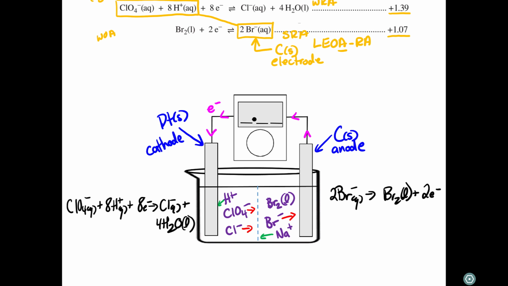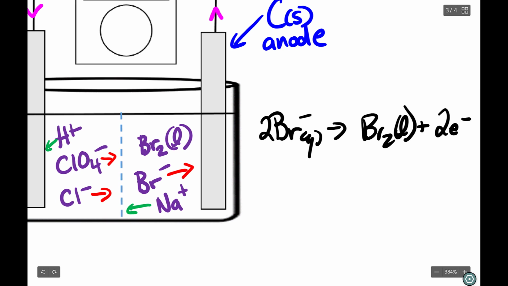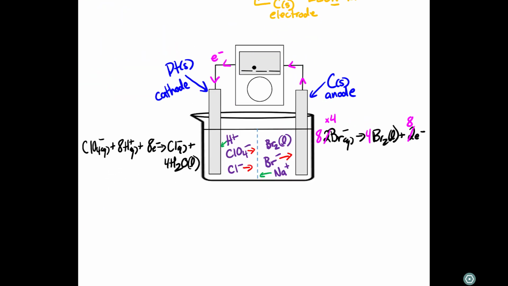Now I am going to have to multiply this side by 4 in order to balance out the electrons. I'm going to multiply this whole half reaction by 4 because I need 8 electrons to balance it out. So this would actually be 8 Br minus, 4 Br2, and 8 electrons in order for those electrons to cancel out.